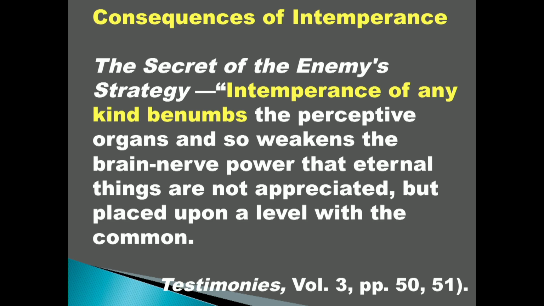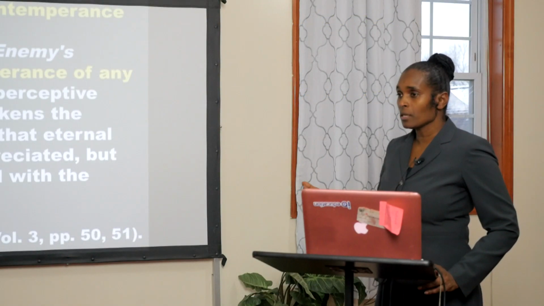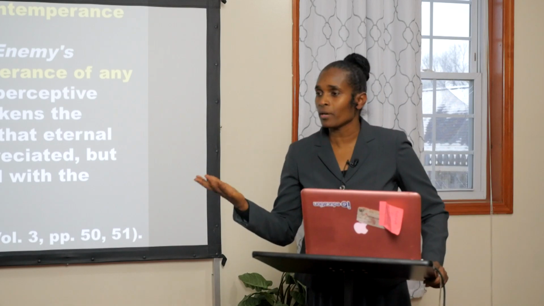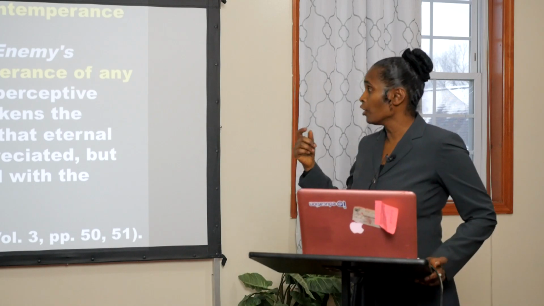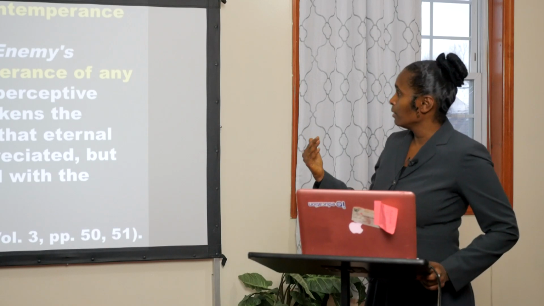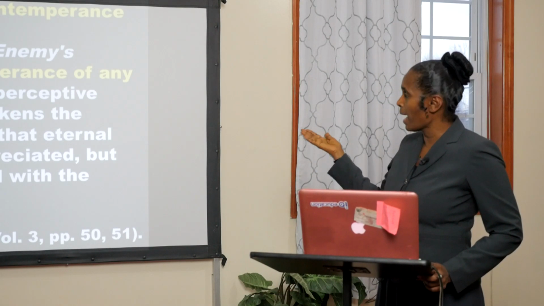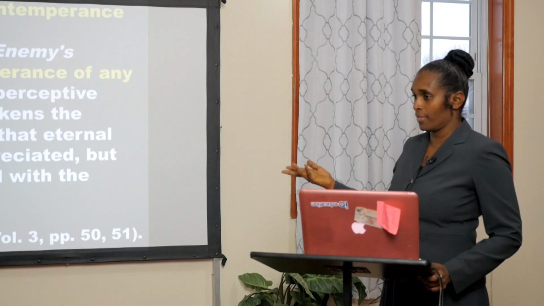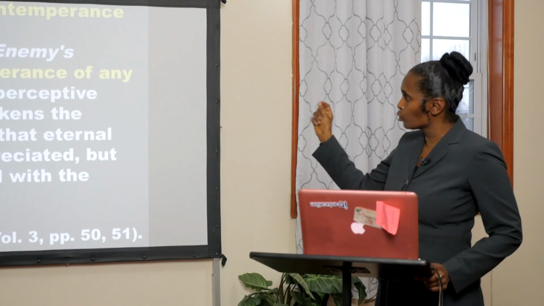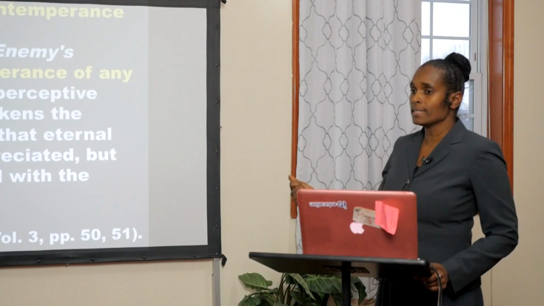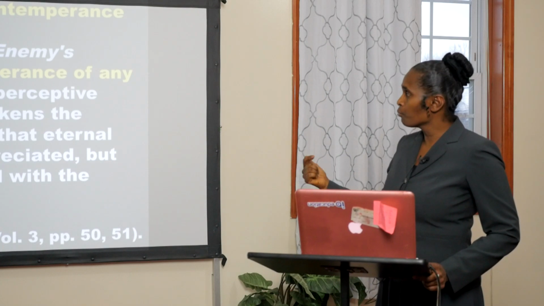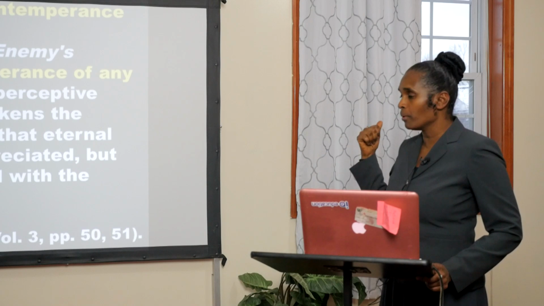This is where we are going to be completely lost. Once we put eternal things on the back burner, these are no longer important. When your will, the brain, becomes benumbed, and this can happen from many, many things, the root of it is intemperance.